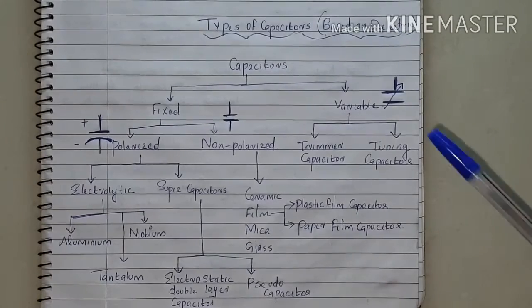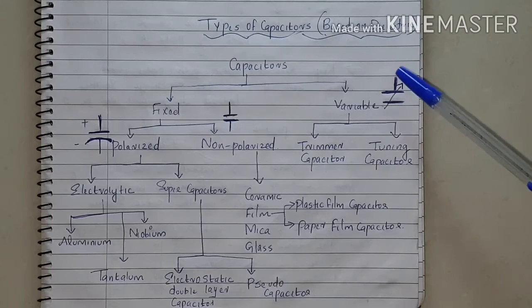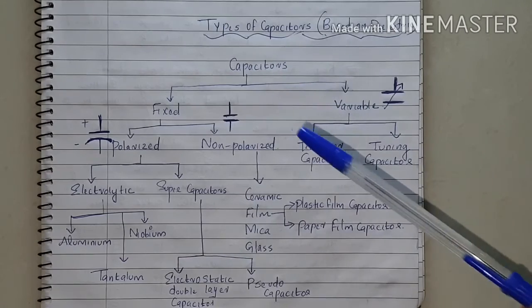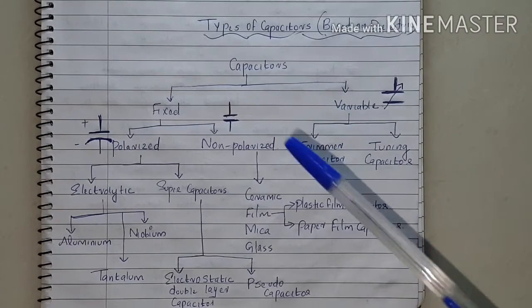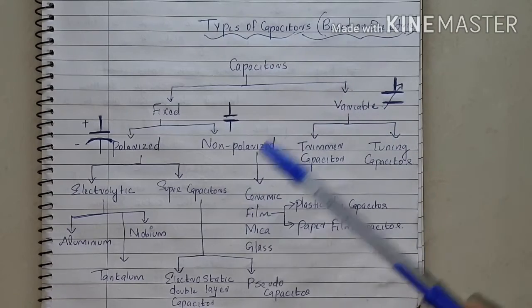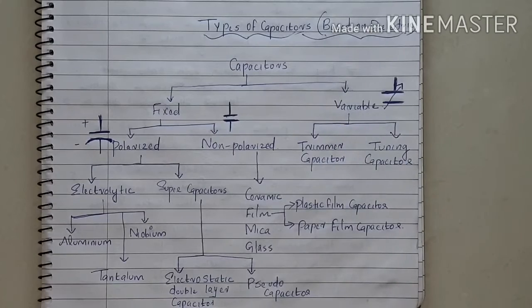Next is all about the types of capacitors based on the dielectric used in between the two parallel plates. The capacitors can be classified mainly into two types based on the dielectric used, that is fixed capacitor and variable capacitor.